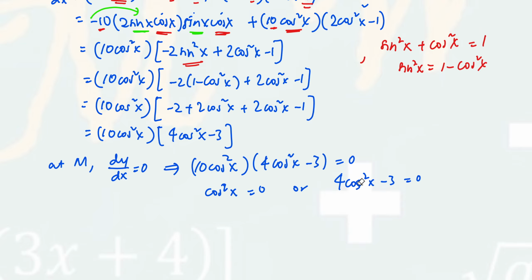So when cos square x equals to 0, obviously your cos x is 0. So when cos x equals to 0, okay, look at the cos graph. Here will be 0. This is 2 pi. That means this is 3 over 2 pi. Here is pi and pi over 2. So your x will be pi over 2 and 3 over 2 pi. Okay, but then look at the graph.